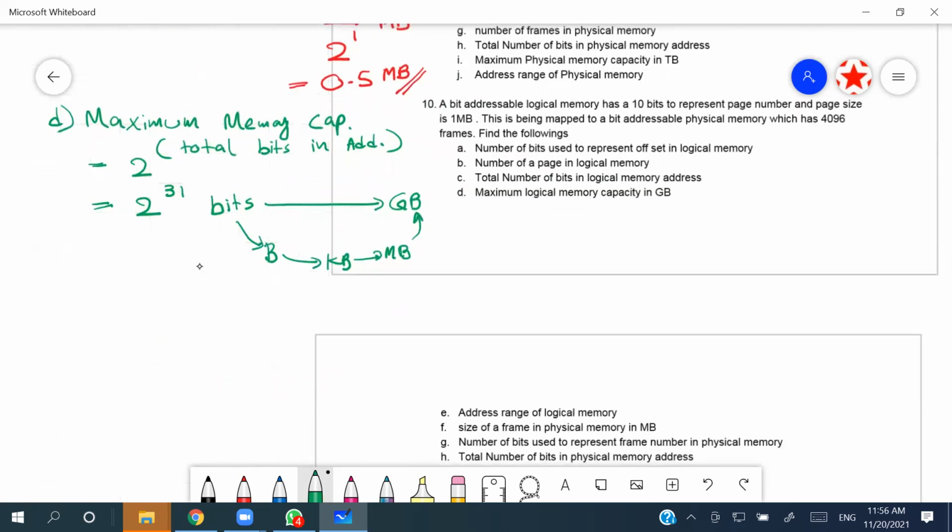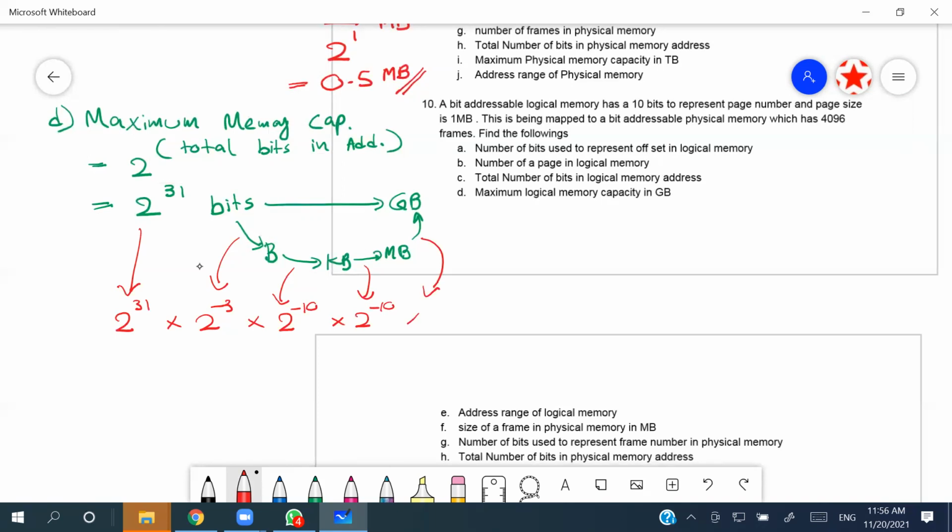So 2 to the power 31, bits into bytes gives 2 to the power minus 3, kilobytes gives 2 to the power minus 10, and kilobytes into megabytes is 2 to the power minus 10.